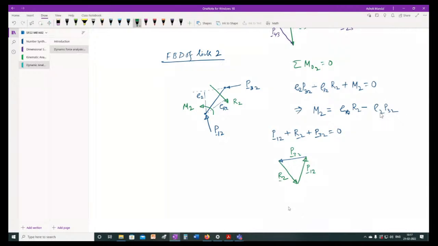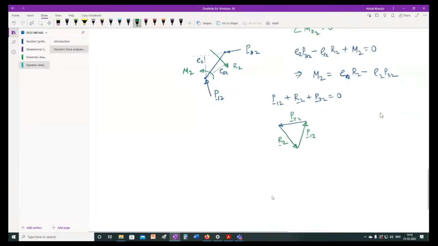So if you go to my web page, the problem sets are given, I believe. From there, you can find some problems and try to solve them graphically. Okay. The next method of this graphical analysis is the superposition method.